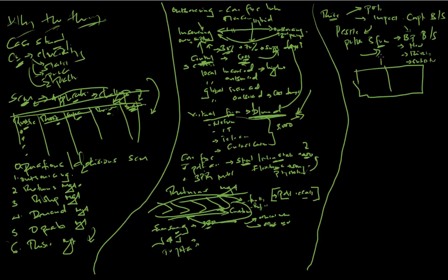Under the probability, it can be high or low. Under the impact, it can be high or low. So you have 1, 2, 3, and 4. And the question you need to ask yourself: what do you do when your risks are under 1? What do you do when your risks are under 2? What do you do when your risk under 3? And so forth. So let's pick an example.